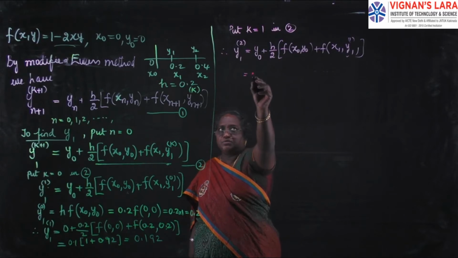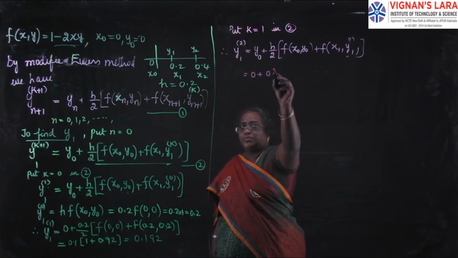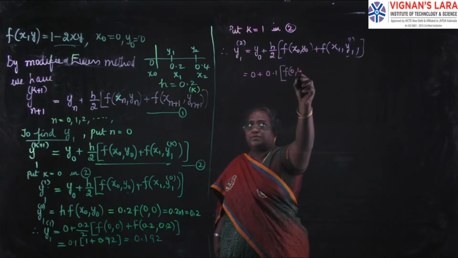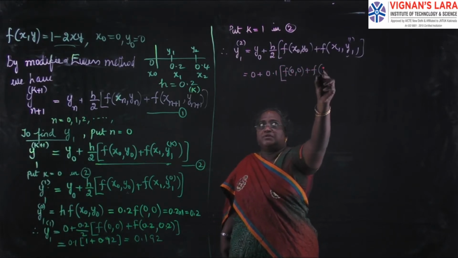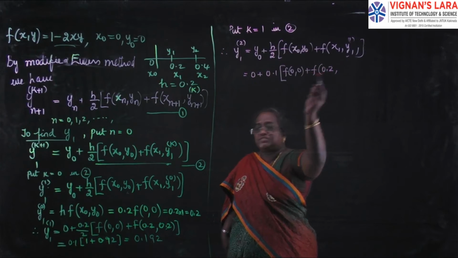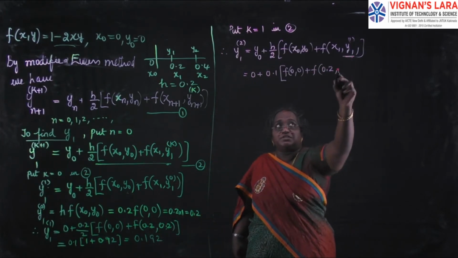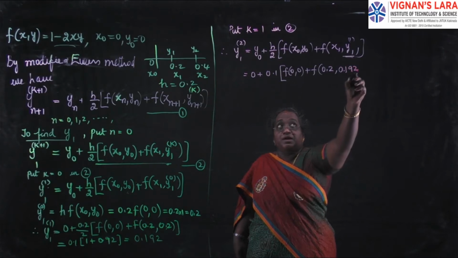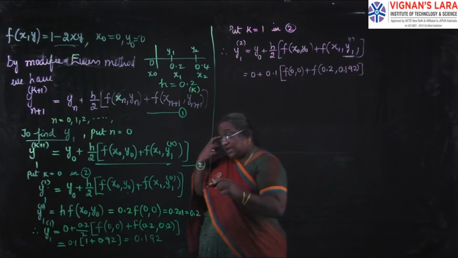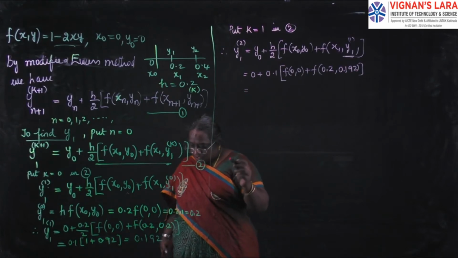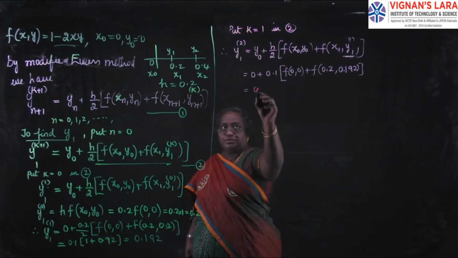So this is equal to 0 plus 0.2 by 2 is 0.1, f of 0 plus f of x1 is 0.2, with the first approximation of y1 which we got, 0.192. So if you evaluate, this is equal to 0.19232.